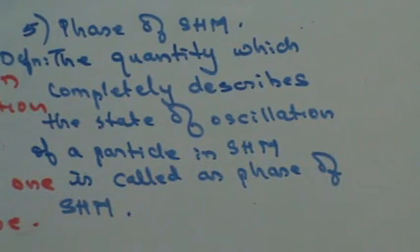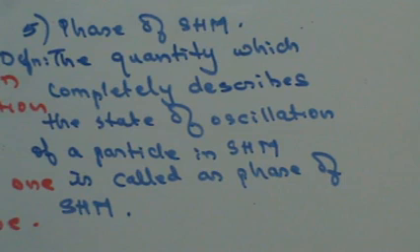In simple language, for your understanding, the angle that comes after sine omega t plus alpha is the phase of SHM. The angle that is described by a body in SHM is called the phase of SHM. Omega t plus alpha is the phase of SHM.